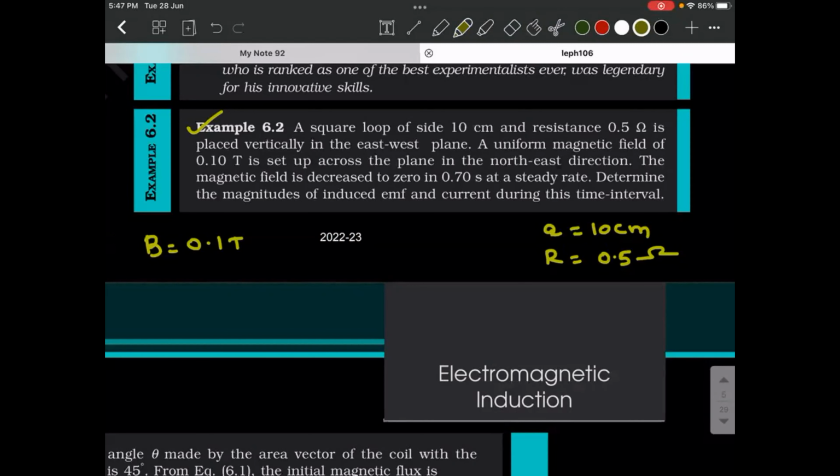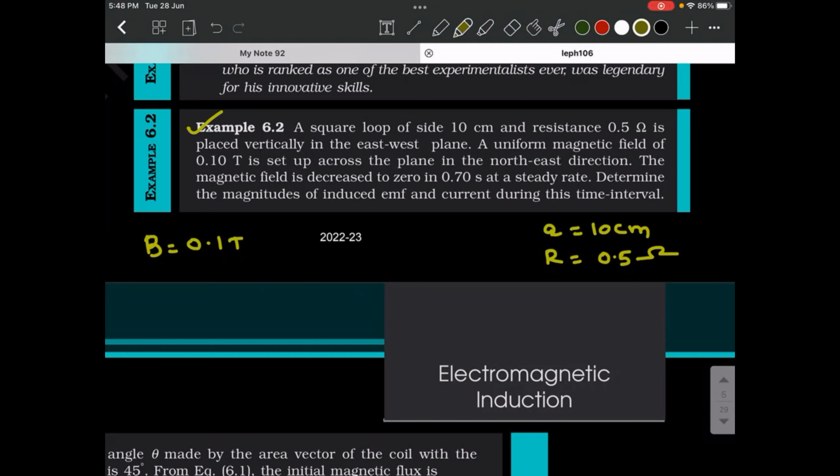That's what we need to do in the second part. So there is a square loop of side 10 centimeter. It is placed vertically in the east-west plane. So what is the east-west plane? So this is east, this is west. It is placed vertically in the east-west plane, and there is a magnetic field in the northeast direction.